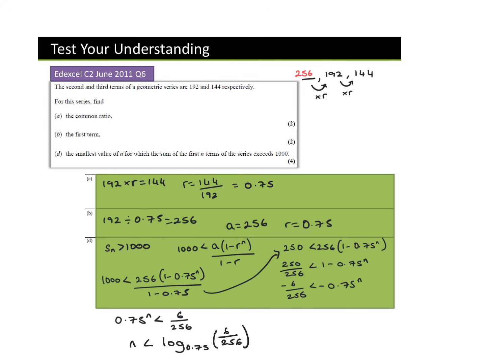This is going to give me, yes, it is greater than. Okay, this is greater than, so I'm going to get n is greater than 13.0471, so n equals 14. Okay, but I have made a mistake somewhere.